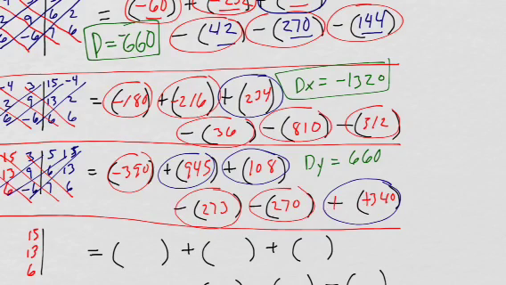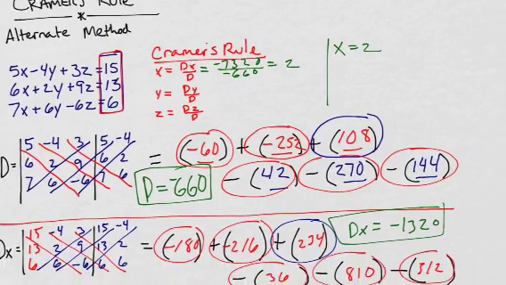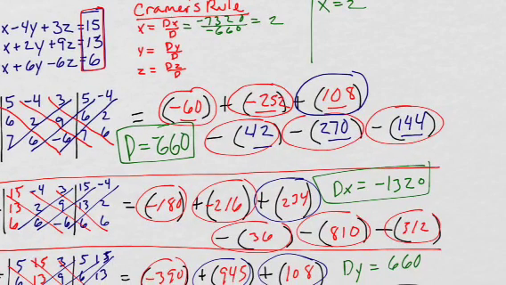Now, most of the time, when you're learning this stuff, they're going to give you nice, simple answers, and so it's kind of comforting that we get something that's going to go in so easily. 660 divided by negative 660 is just negative 1. So y equals negative 1.